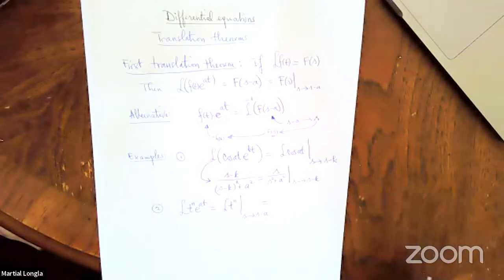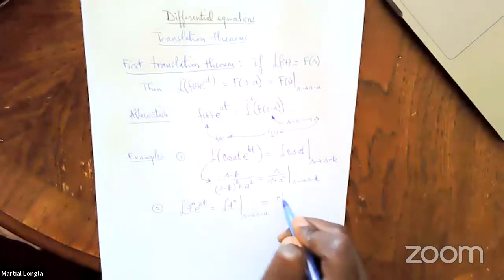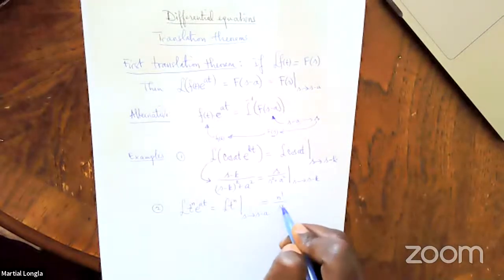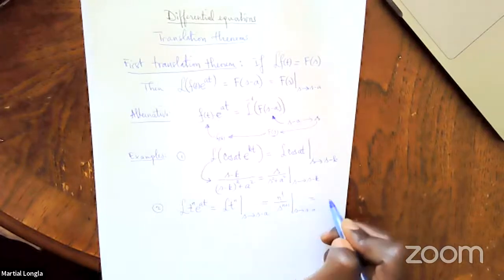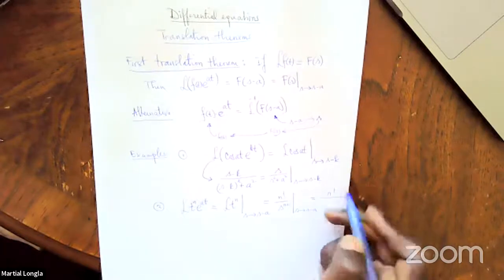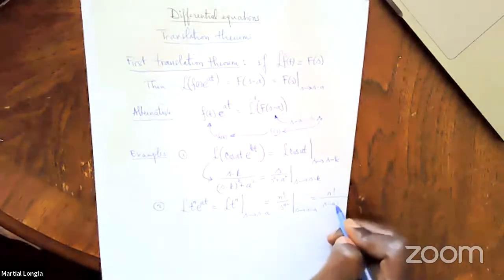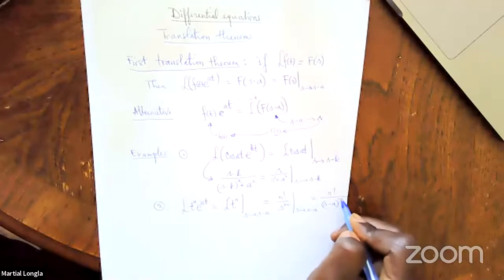Isn't it n factorial over s to the n plus 1? That's correct. And then you replace s by s minus a. So that gives you n factorial over s minus a to the n plus 1.